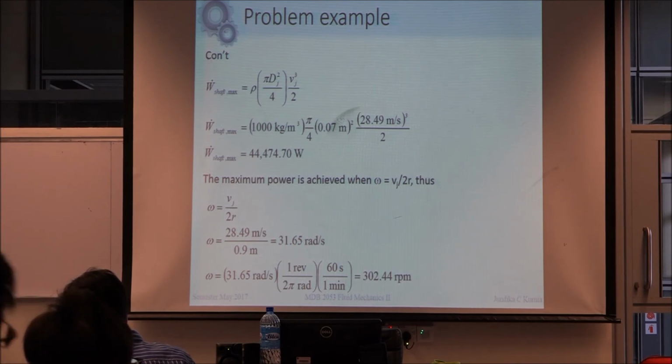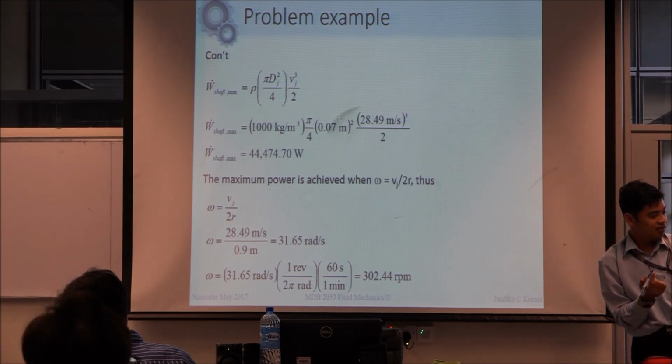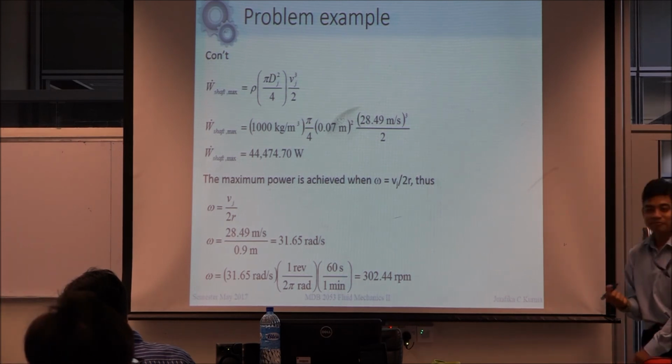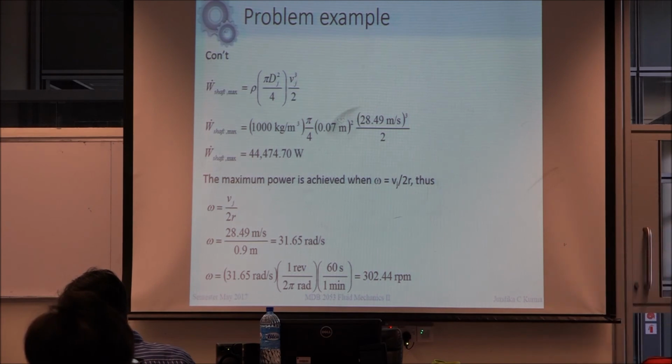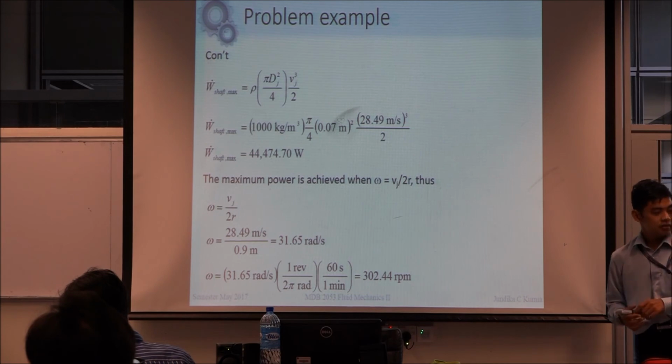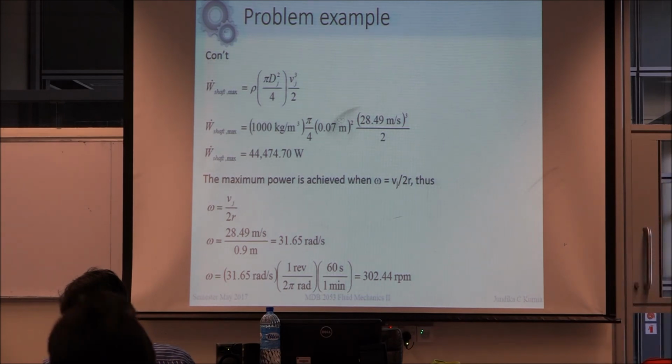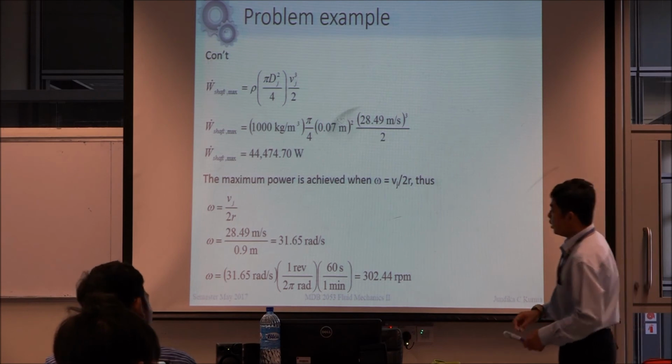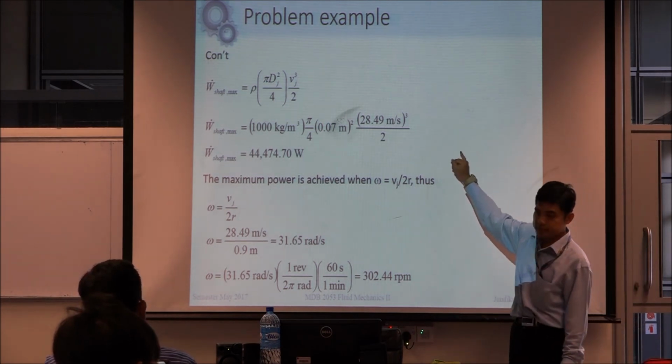Something like that, right? Is that correct? Yes. So 1 RPM is equal to that radian per second. Because you multiply this by that. This one is the maximum.